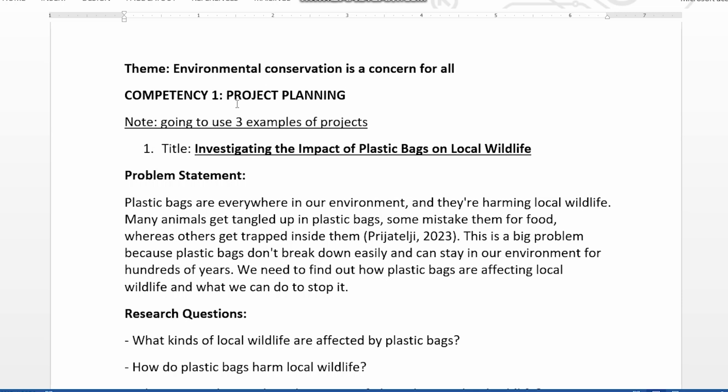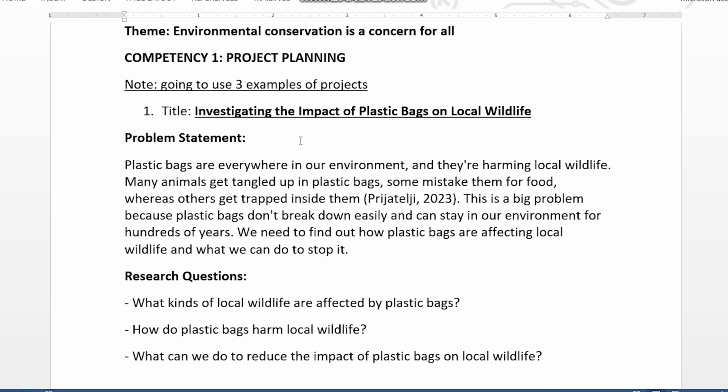And then the competency is project planning, which is competency 1. And the first of the 3 project samples I'll take you through is this. My title is Investigating the Impact of Plastic Bags on Local Wildlife. So this problem statement will help me answer, or score, the first step there, identifying a project.